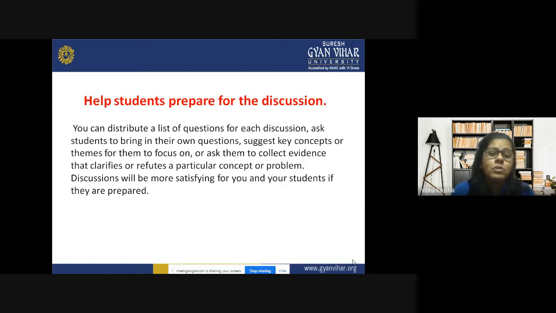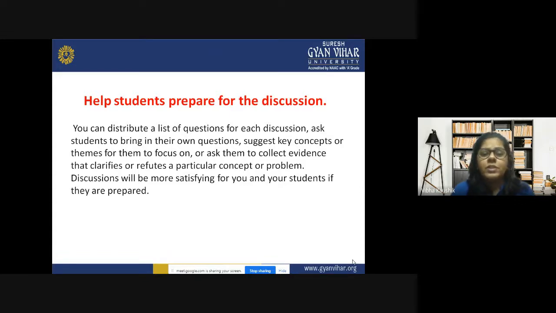Suggest key concepts that are involved in that discussion, or important themes for them to focus on, or ask them to collect evidence that clarifies or refutes a particular concept or problem.